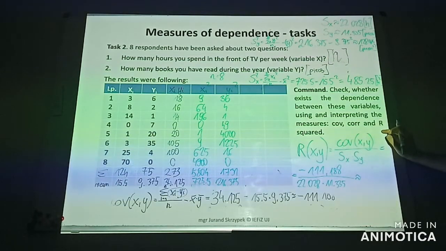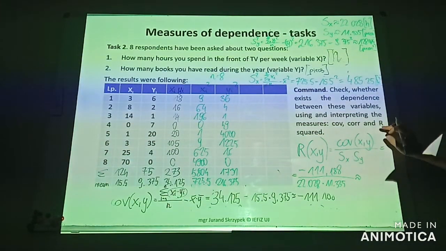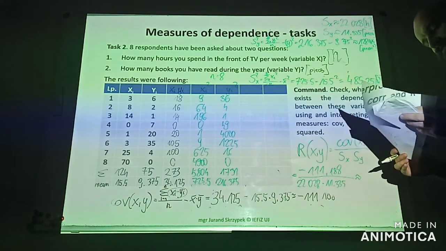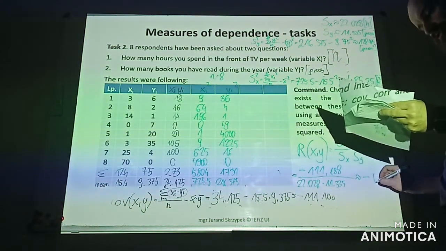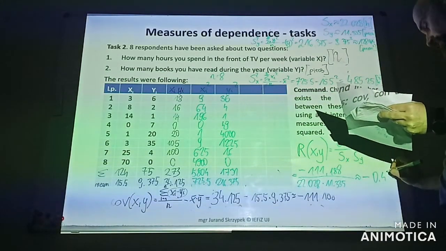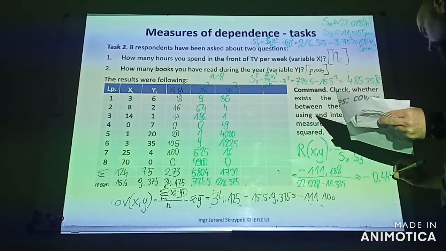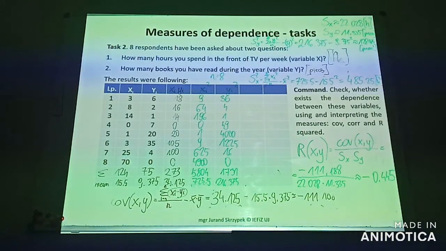Yeah, we know that the interrelationship is negative. Now we will know the strength of this interrelationship. The strength is around minus 0.445. Okay, let's compare this amount with our table.